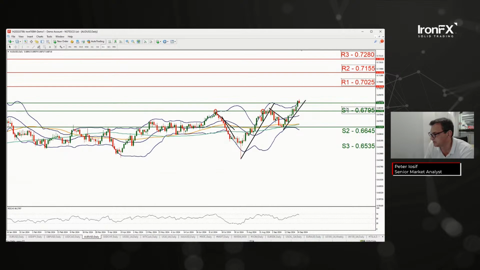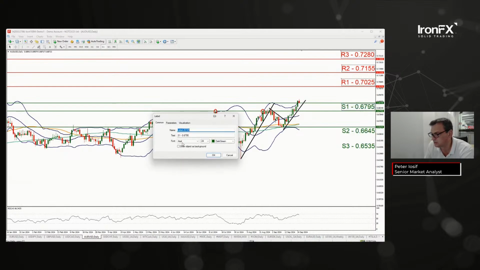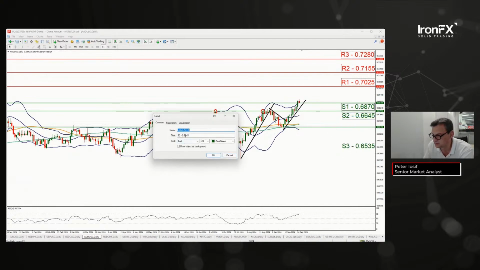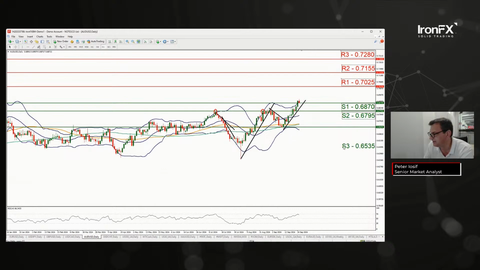The S1 at 0.6870. The S2 at 0.6795. And the S3 at 0.6645.